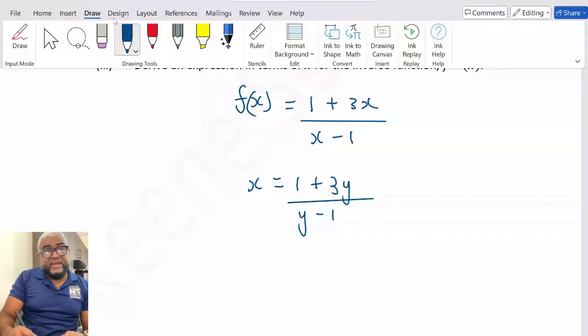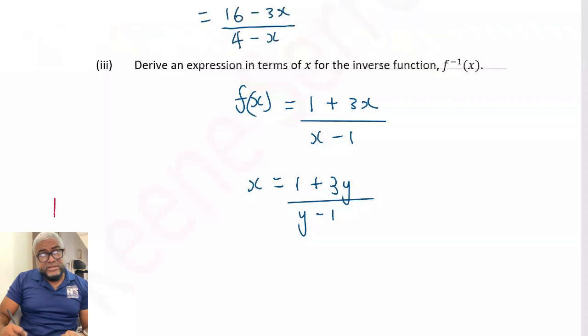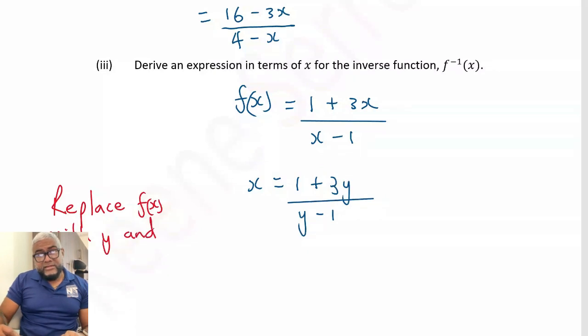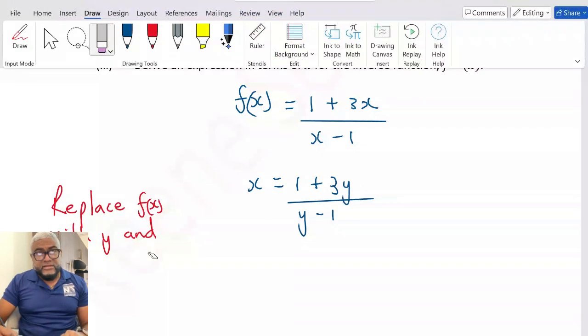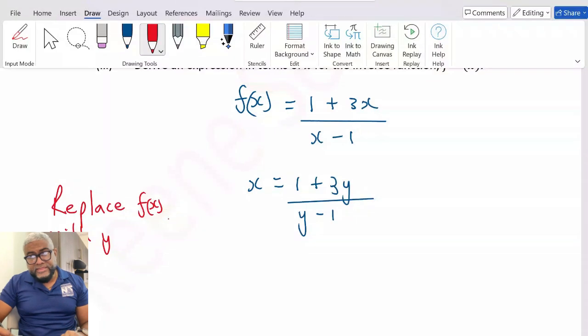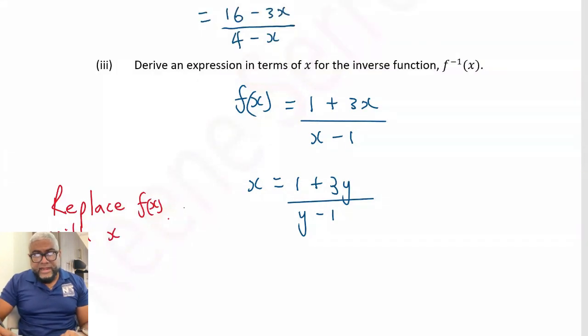I'm going to write it in right here on my little notes, please. This is how things stick, right? Replace f of x with y. Not y, sorry, I keep putting y. Replace f of x with x. That's what went on here.